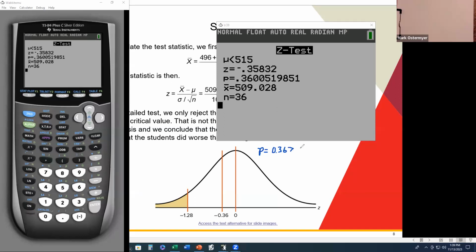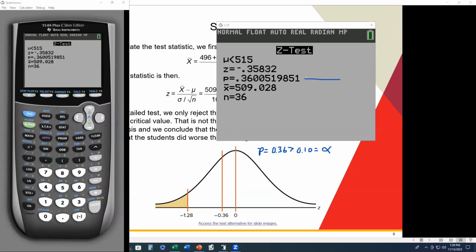Heck, it's even larger than 10% level of significance. So what do you think? Would we reject the null hypothesis here for this test? Is that a small p-value or a large p-value?